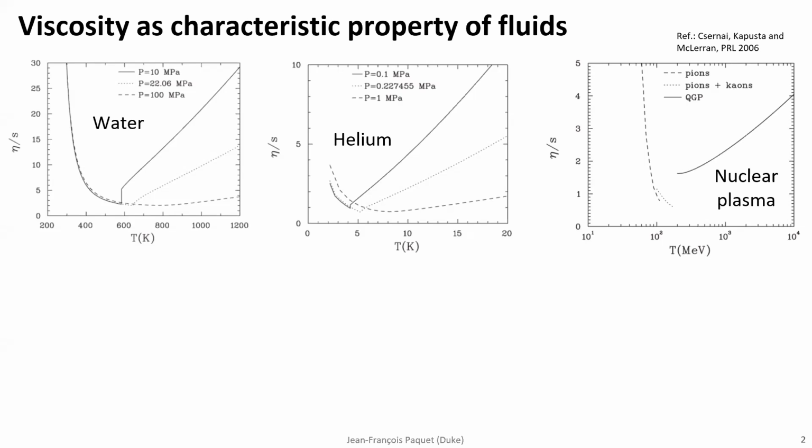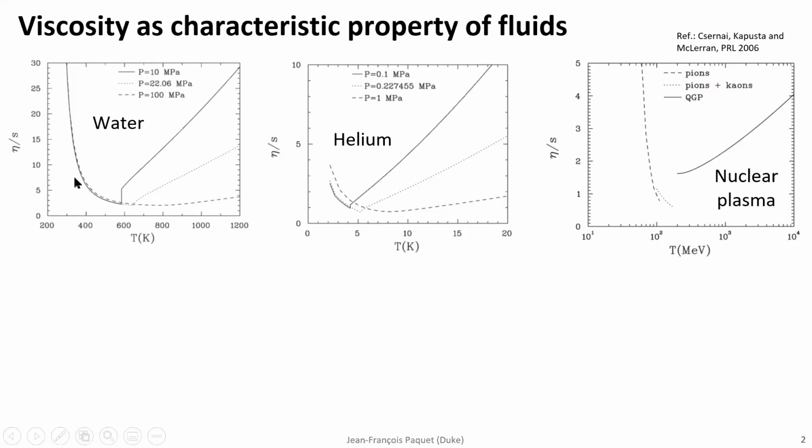So the reason we're interested in the viscosities of QCD is that it's an emergent property of QCD. It's an emergent property of how all these different degrees of freedom interact with each other, and how collectively they produce this viscosity.